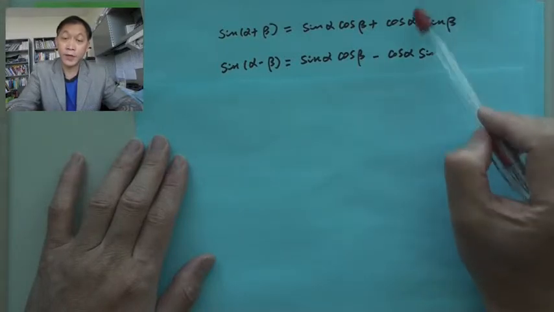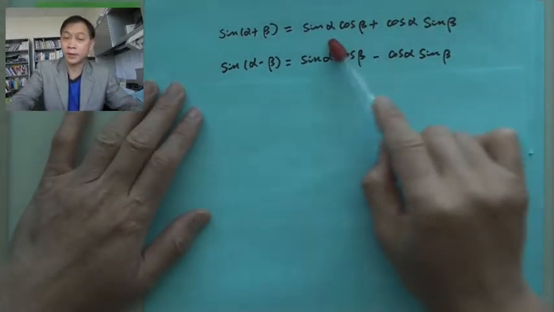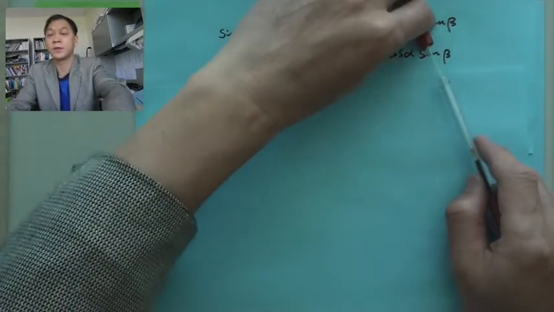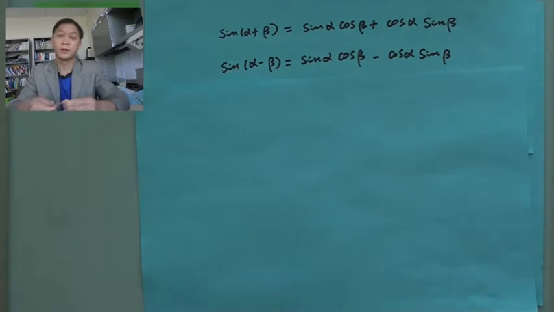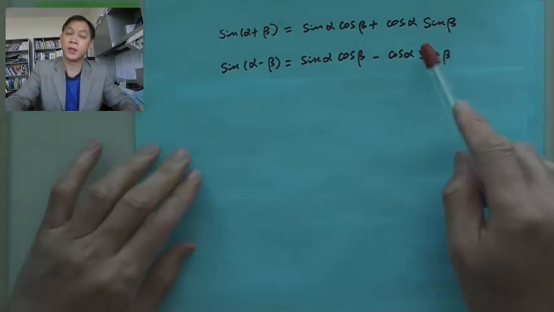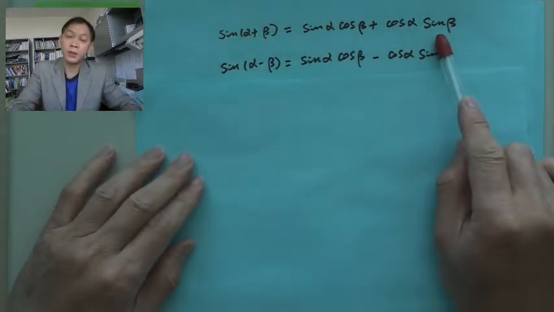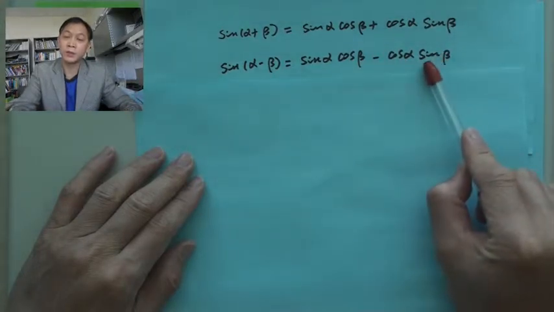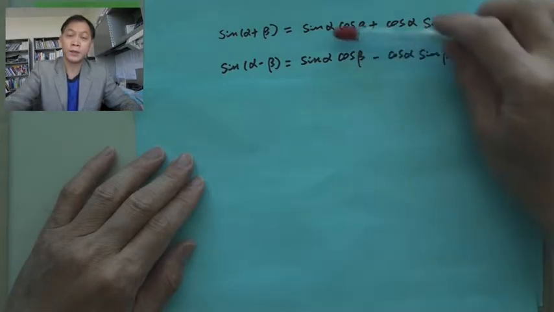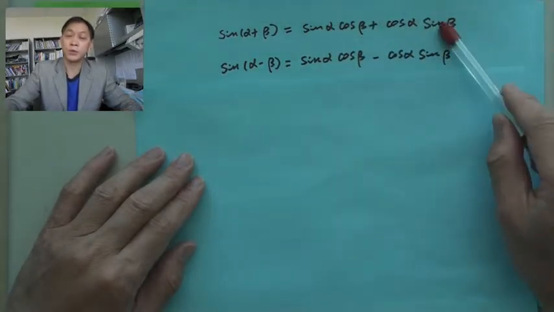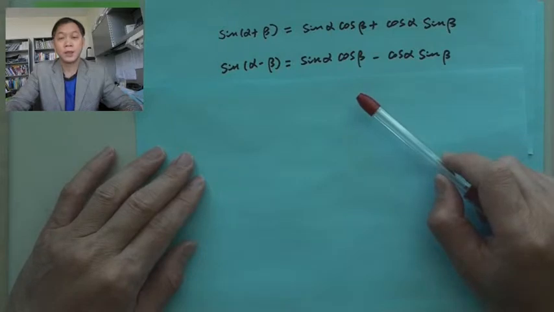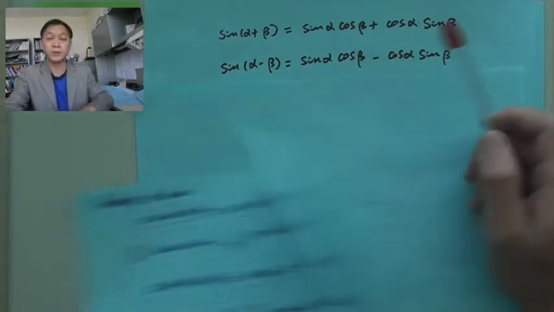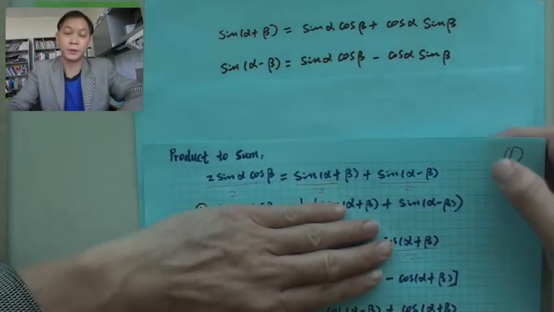If you add together on the right, you will cancel this positive, negative. Positive cosine alpha, sine beta, and here negative cosine alpha, sine beta. If you add the right hand side, these two will be cancelled. So then left hand side, what we have will be what?